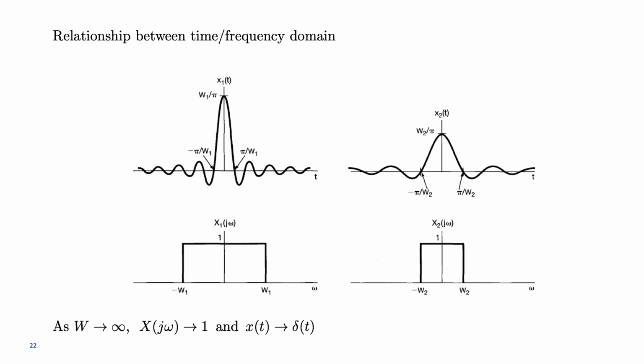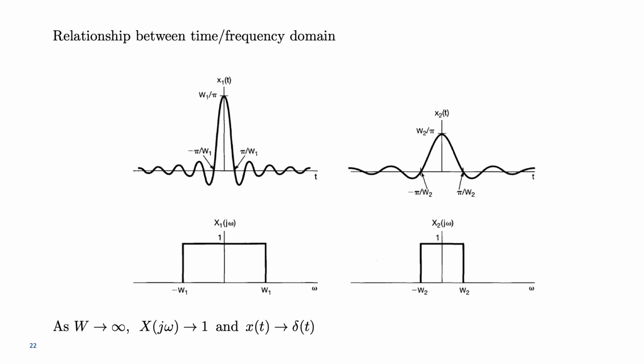What would happen if W went to infinity, if we made W larger and larger? Well, the signal x of t in time domain would tend to a Dirac impulse, narrower and narrower. All the energy would be concentrated in one point for t equals 0. The signal would be 0 elsewhere. What about the Fourier transform?